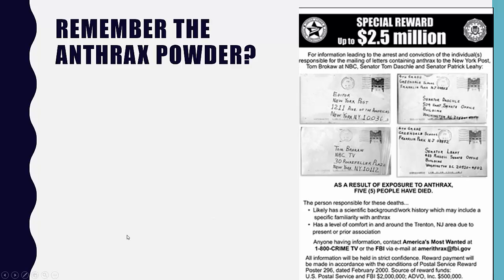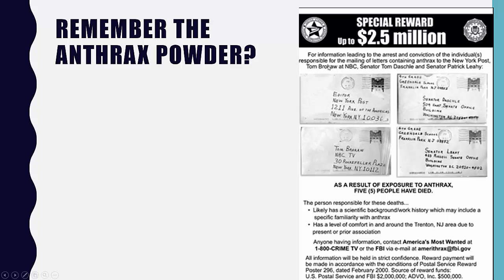Remember the anthrax powder after 9/11? Everybody was worried that anthrax was still being sent through the mail. Some of it was being sent to the New York Post, Tom Brokaw, who was a journalist at NBC, and a couple of senators.